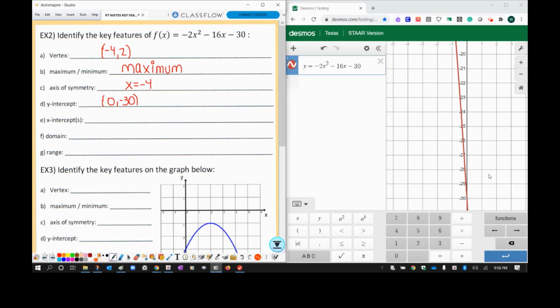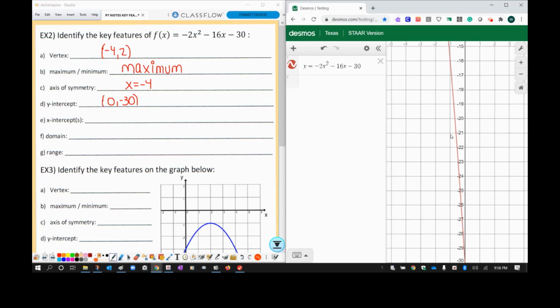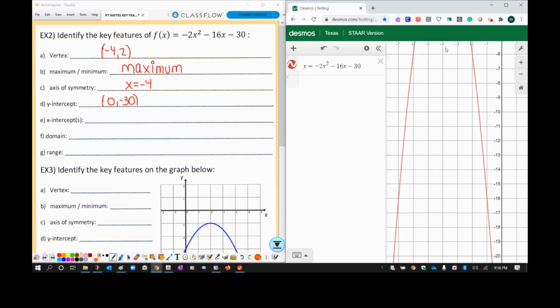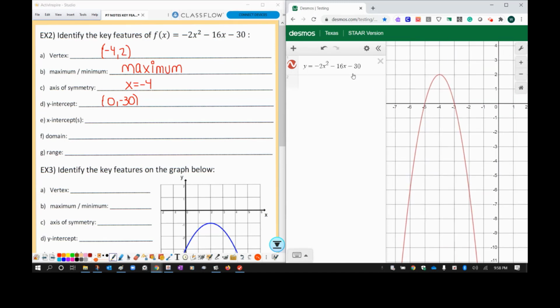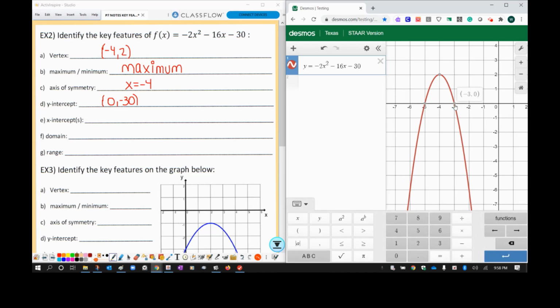And then for the x-intercepts, let's go back up. And right there, click, and you can see -5, 0, and -3, 0. So -5, 0, and -3, 0. There we go.